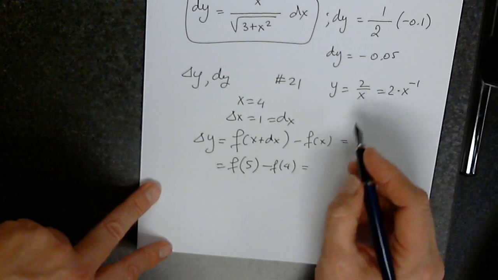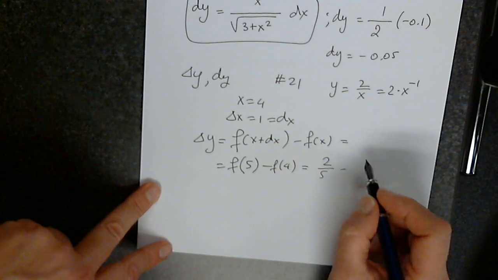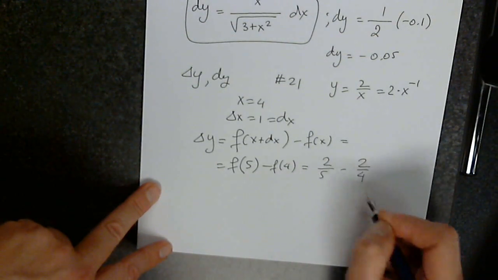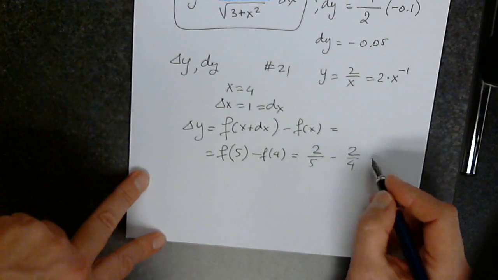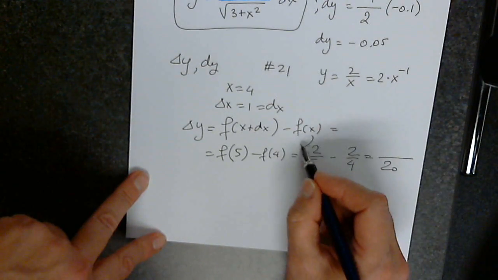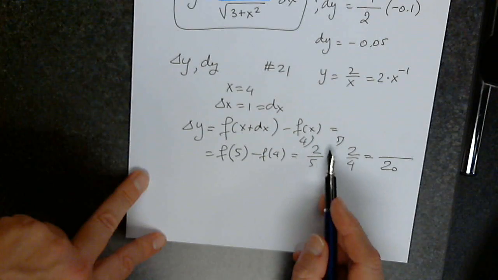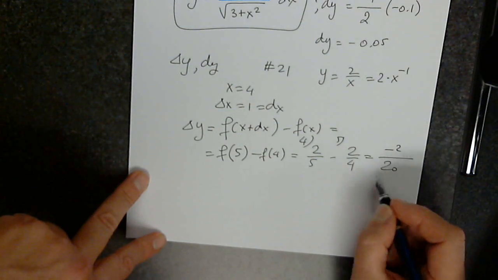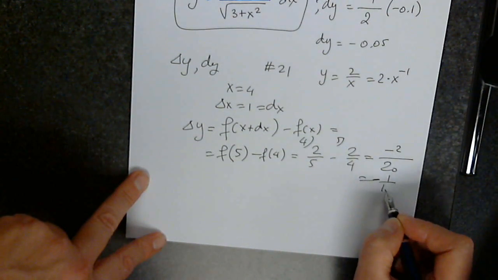So f of 5 is 2 over 5 minus f of 4, which is 2 over 4. The least common denominator is 20, and 4 and 5: 4 minus 10, negative 2. So this is negative 1 over 10.